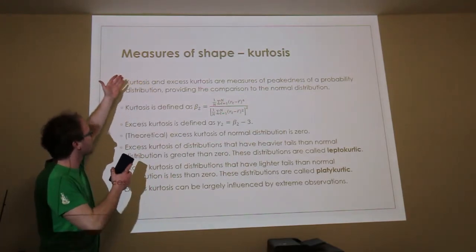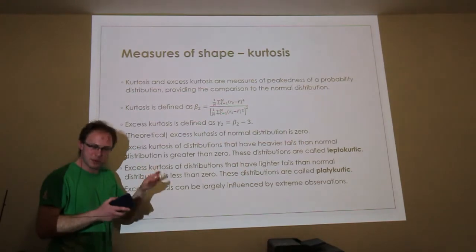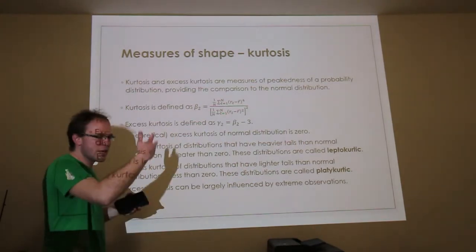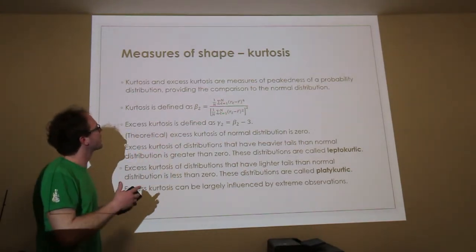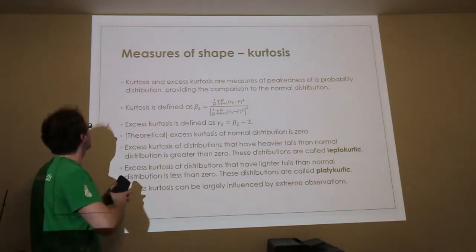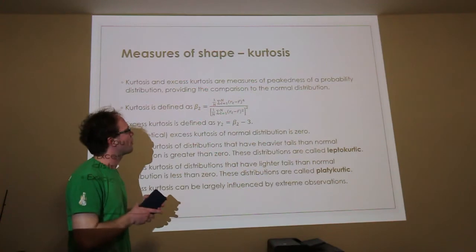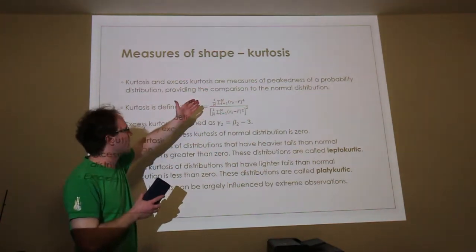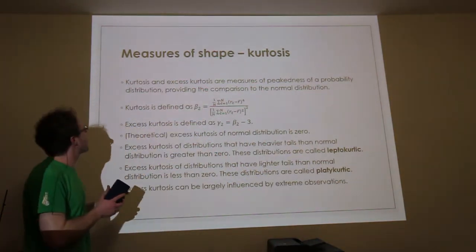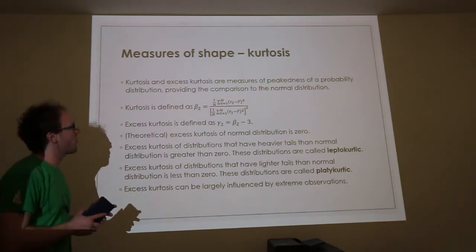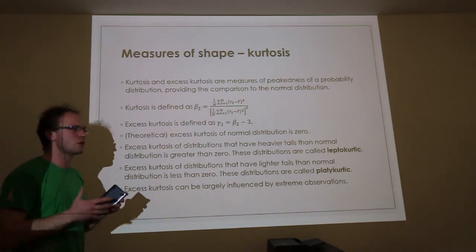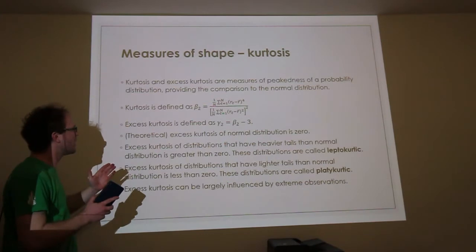we will continue with measures of shape, the kurtosis, as another characteristic of shape. Kurtosis and excess kurtosis are measures of peakedness of a probability distribution, providing the comparison to the normal distribution.